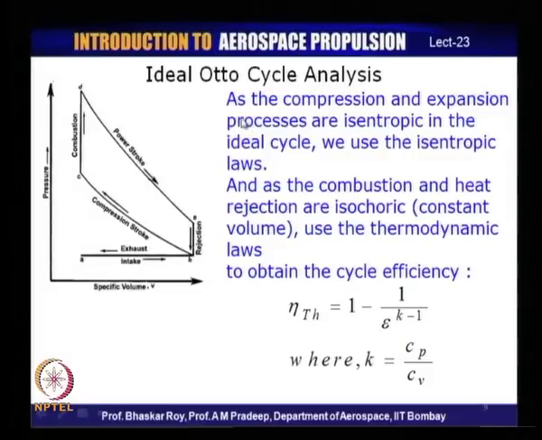And if we use all of them, and we can sit down and do a simple derivation, what you can find is the cycle efficiency can be written down. This is the thermal efficiency of the cycle.